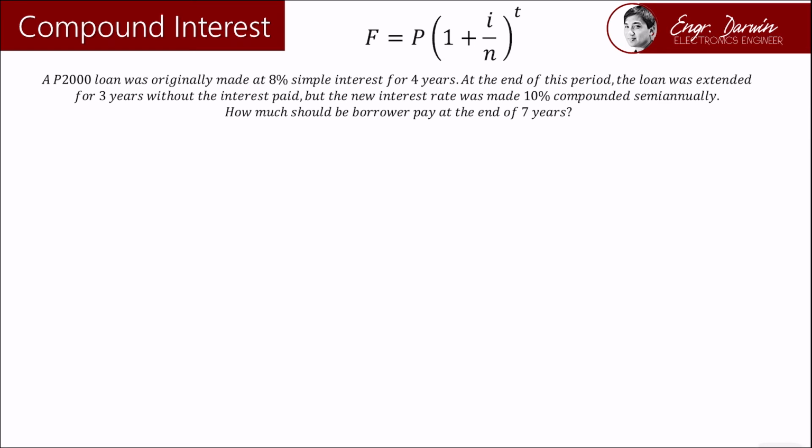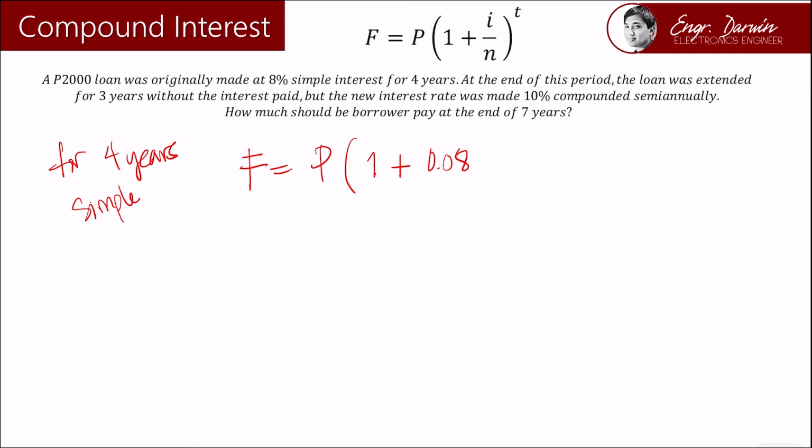So for the first 4 years, let's find what happened to our loan. To find the future amount on a simple interest, since it's a simple interest, this is the principal. In relation to the first video, if you haven't watched it, you can check on the thumbnail that I'm showing you right now. Okay. Let's have the 8% interest multiplied by 4.